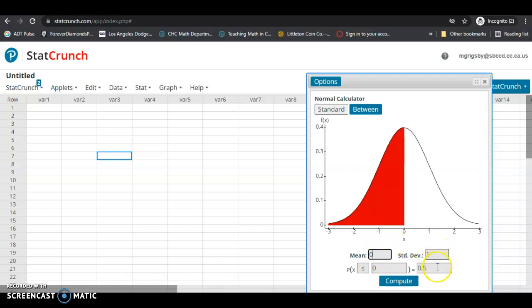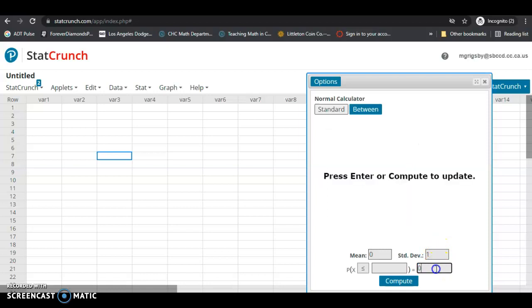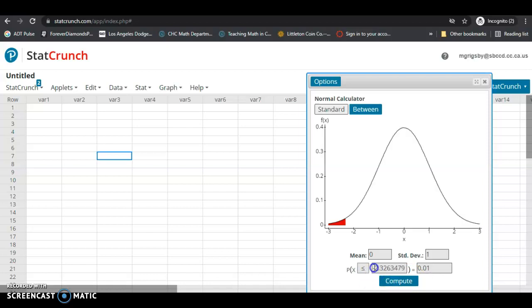In this box, we're going to put the level of significance, which is 0.01. Then for a left-tailed test, select the appropriate symbol and click compute. Our critical value, when rounded to 2 decimal places, is negative 2.33. The 2 at the end gets rounded up to a 3. So negative 2.33 will be our critical value.